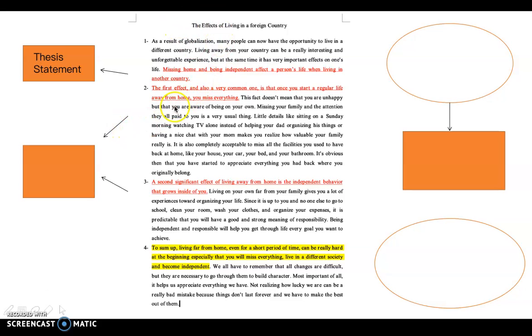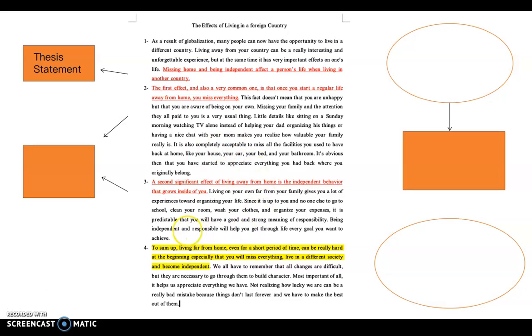Moving on to the first body paragraph, this is the topic sentence, and this is the first keyword which the author got from the thesis. And then he supported missing everything by giving examples, like on Sunday you watch TV alone, you miss facilities you have, like your car, your house, your bed, and so on.